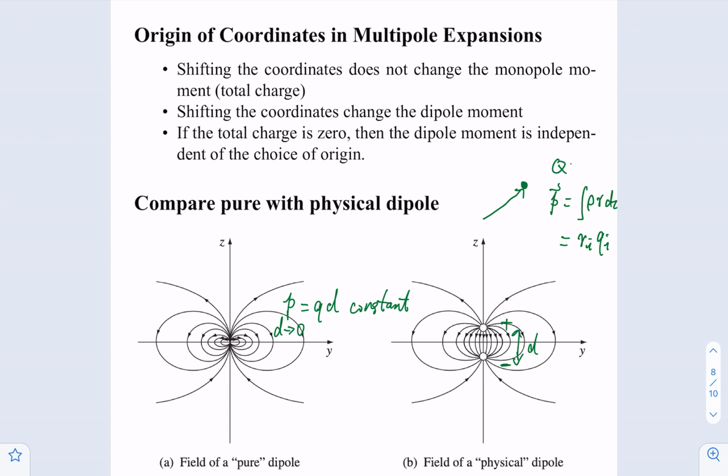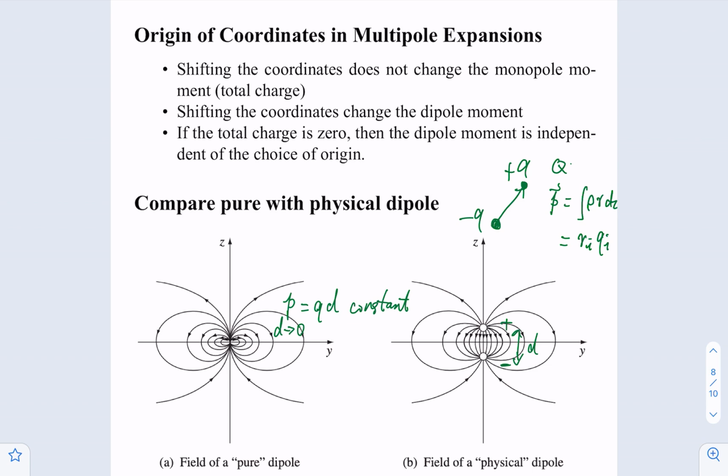And now let's check what's the case for a dipole where the total charge is 0. So here what I consider is plus Q and minus Q. So for this dipole, the first order monopole term is 0.